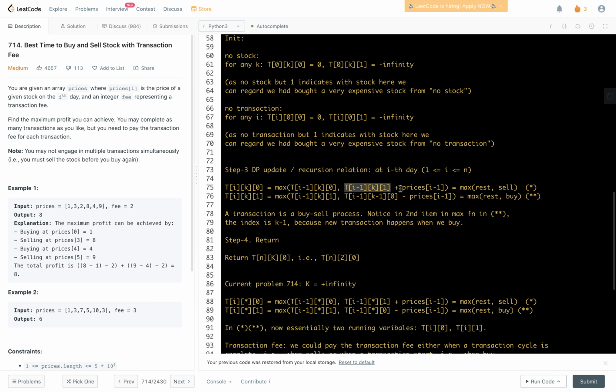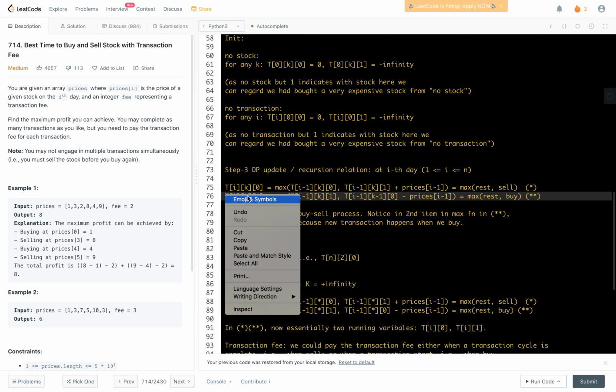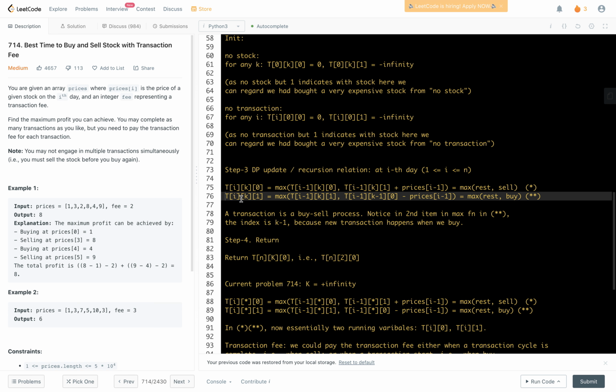The second item is TI-1K1. In other words, at the end of the I-1 day, we hold stock. And here at the I, we can choose to sell that stock. So we gain some profit. This is the part of profit we gain. So in other words, we can take the maximum of rest and sell at the I state. So this is the equation star.